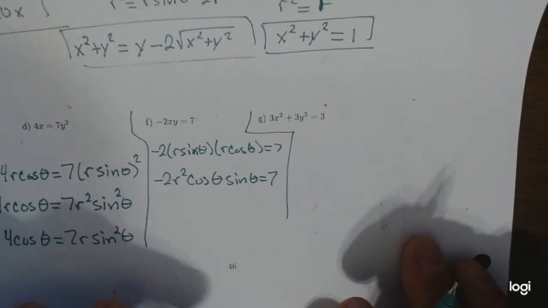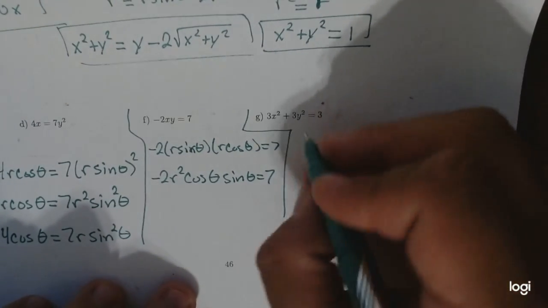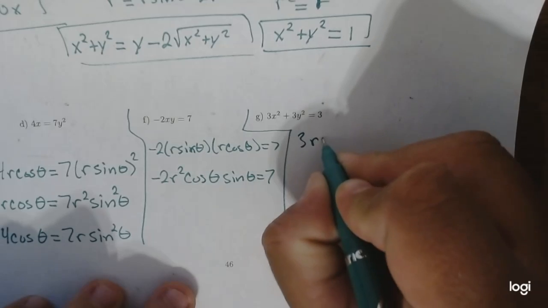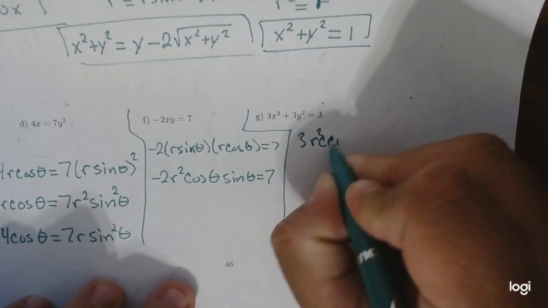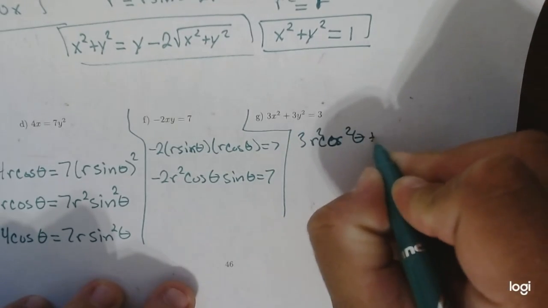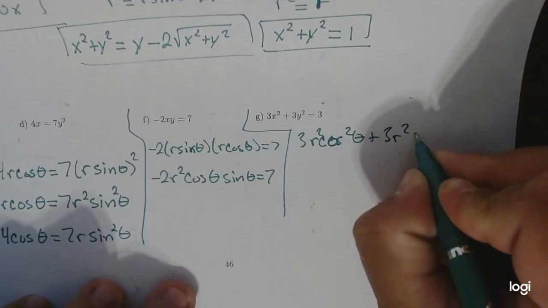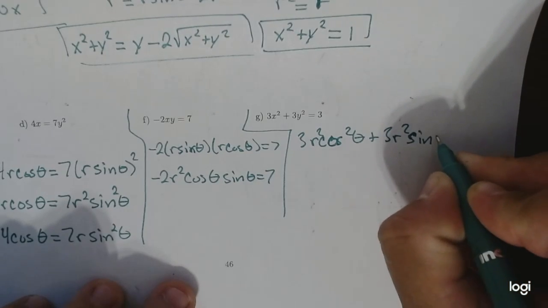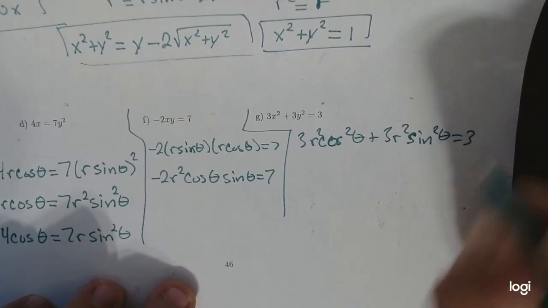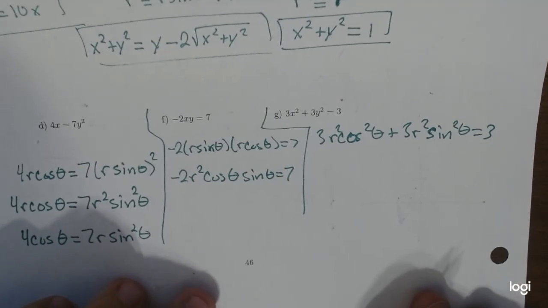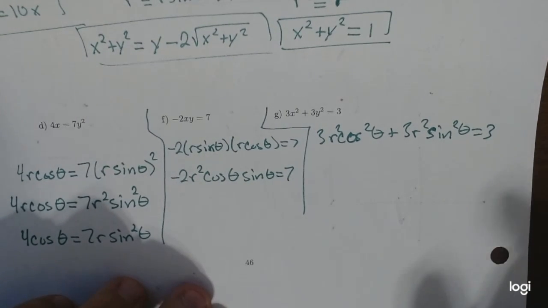And then finally, this is a nice one, because if you just convert this, this is 3r squared cosine squared theta plus 3r squared sine squared theta is equal to 3. Again, you can leave it just like that, but just for fun, I'm going to show you how you can simplify this to make it easier.